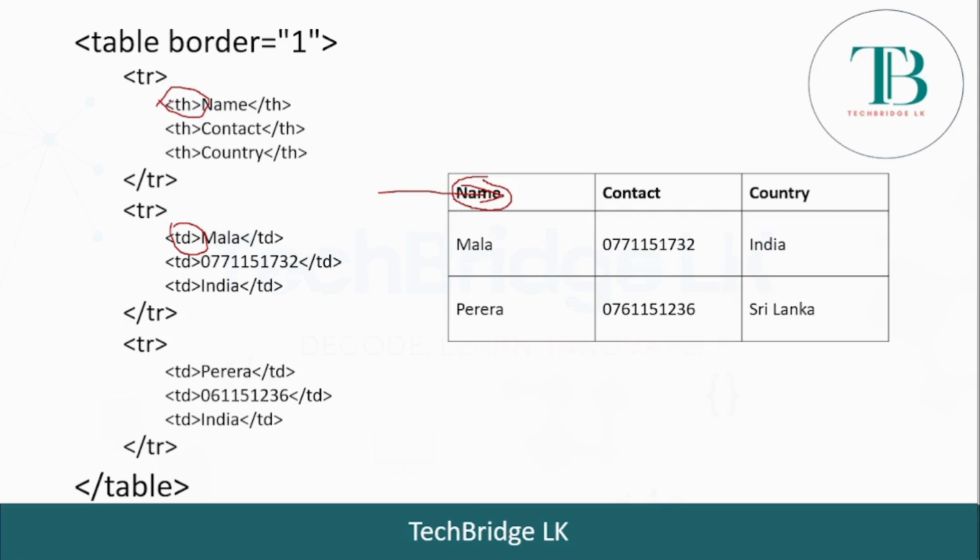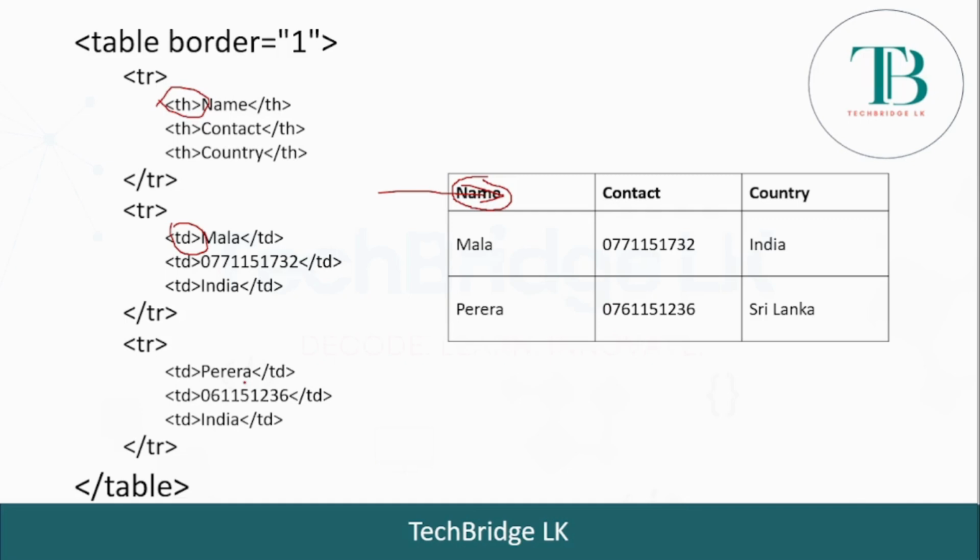So instead of td we can use th. If you want bold text as a heading, then you can use th instead of td. And also tr, as we already discussed, means table row, and table means the table. You can type all these rows and all the data within this table tag.